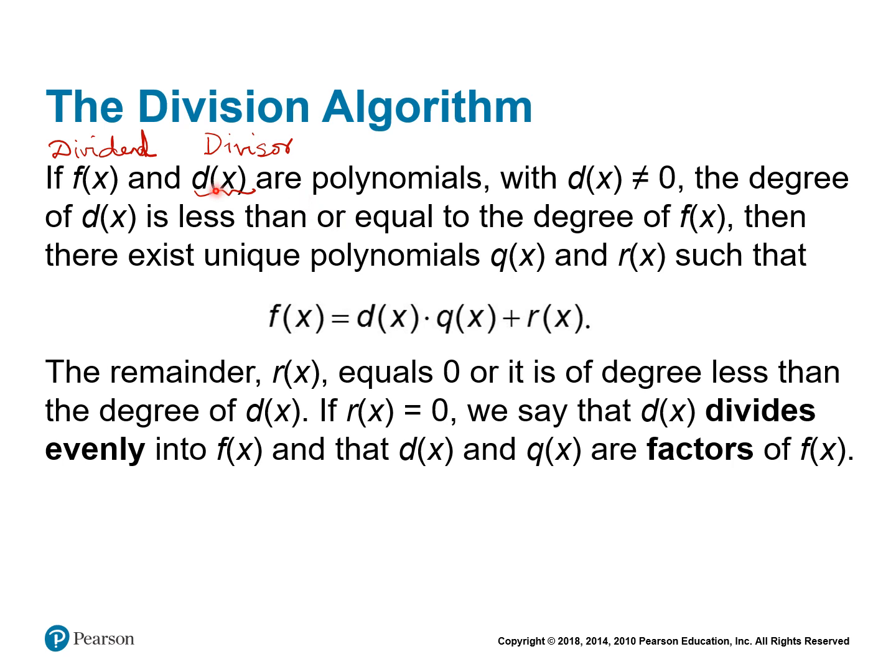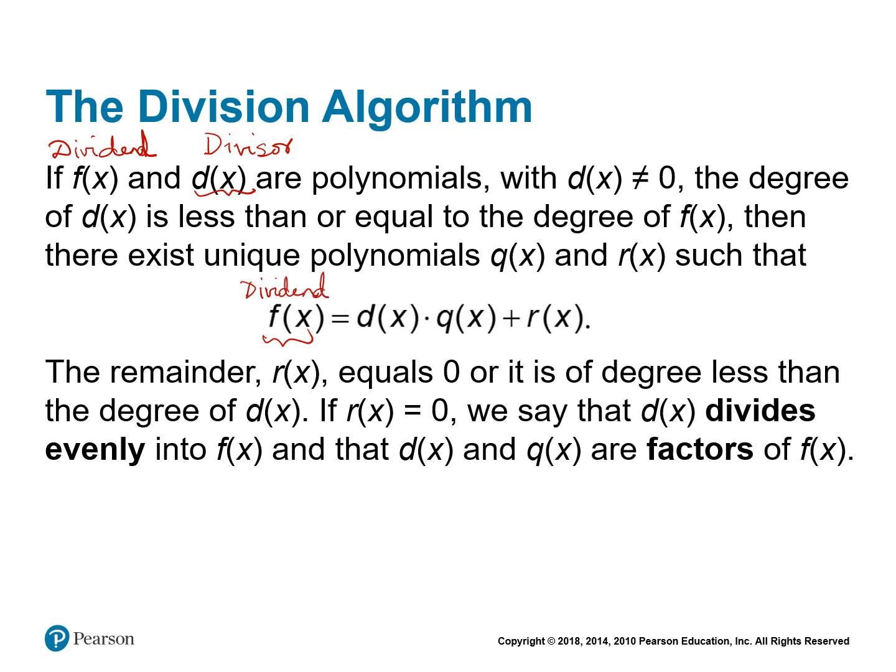So, given that there is a dividend and a divisor where the divisor is not equal to 0 and where the divisor has a degree which is less than or equal to that of the dividend, then we can express the whole division in this form. F of x, which is the dividend, let's write that down, otherwise it's very difficult to grasp.